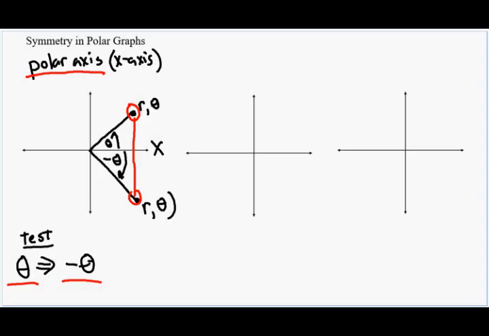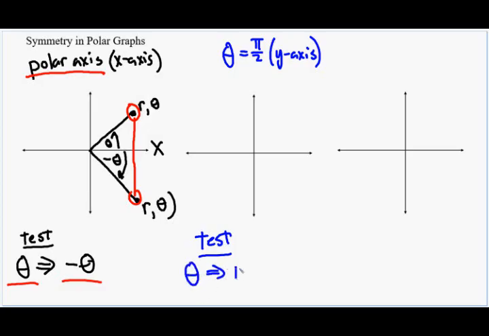We can also check for theta equals pi over 2. That's the y-axis. We can check for that symmetry. So the test for this, we're going to take out theta, and we're going to replace it with pi minus theta. And up here on the axes, so this would be our angle theta. And we want to be symmetric around the y-axis.